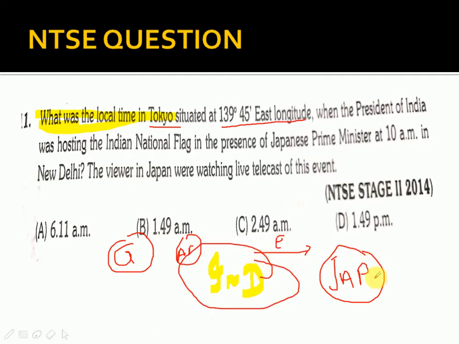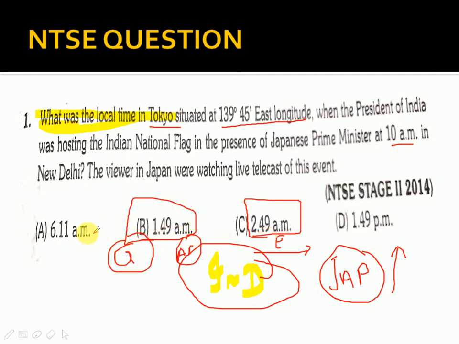So the time in Japan will be ahead of the time in India, isn't it? So if there is 10 a.m. in India, then the time of Japan will be something ahead of 10 a.m. It cannot go 12 hours in front like in the first three options.